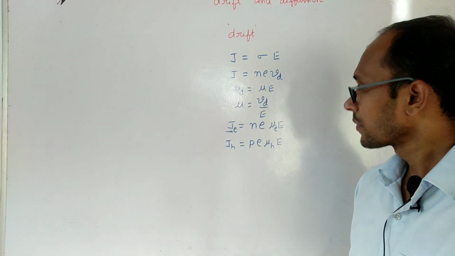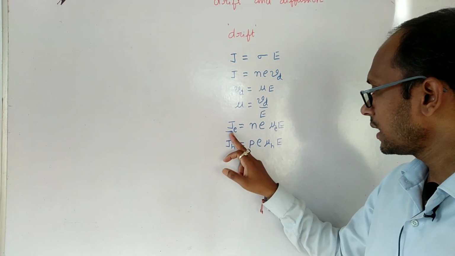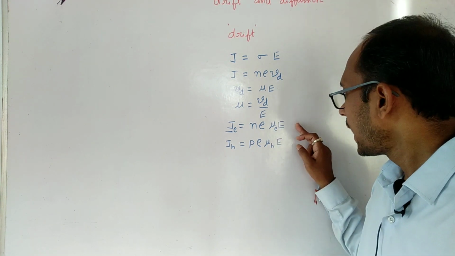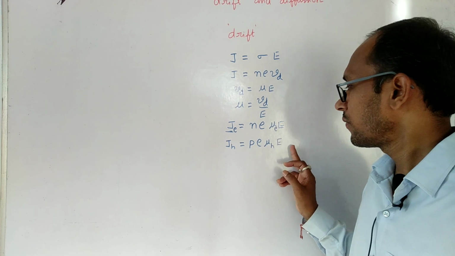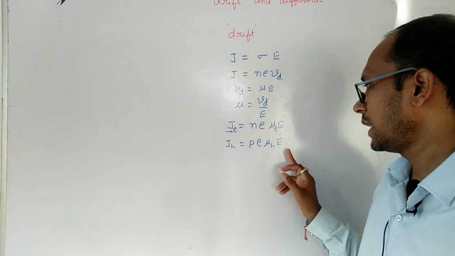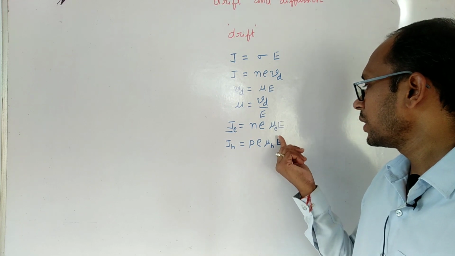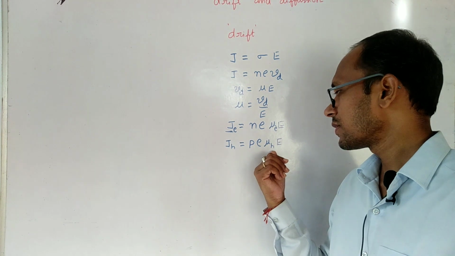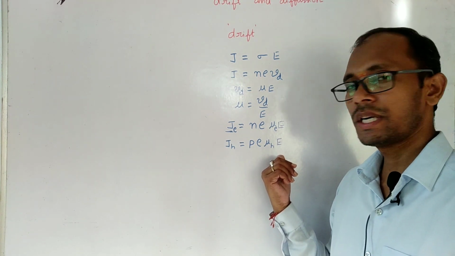The same thing for the holes: Jh is equal to p e mu_h E. Here mu_e and mu_h are the mobilities of the electrons and the holes respectively.